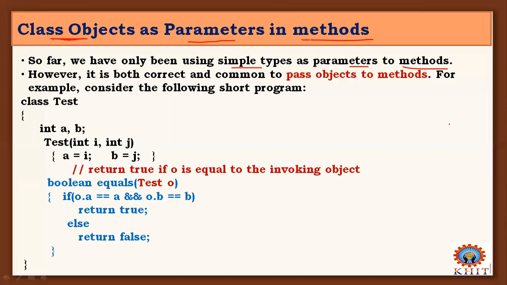However, it is both correct and common to pass objects to methods as parameters, as arguments. For that, consider a simple short program to understand a method definition taking a class object as a parameter.